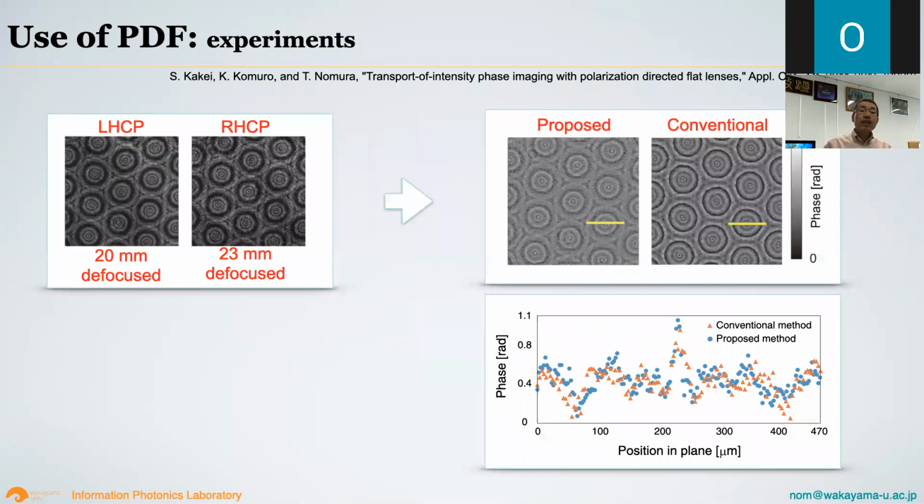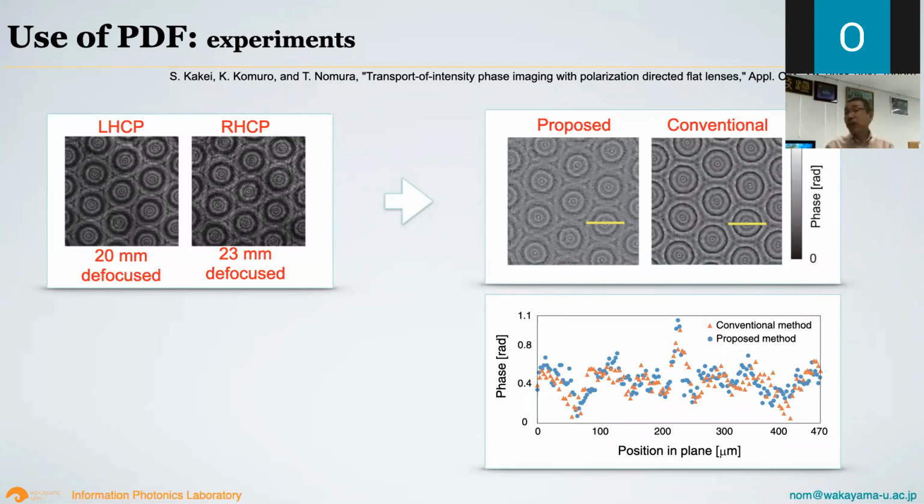We measure the phase distribution of the object using TIE, and the information looks like this. This is the proposed method, namely using the PDF lens. This is the conventional method. I'm sorry, this is the conventional scanning image sensor method. The blue one is the proposed method.